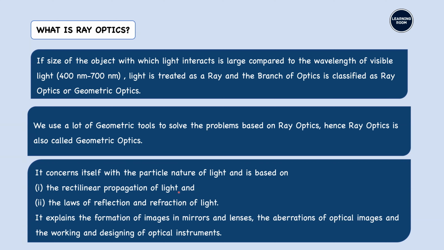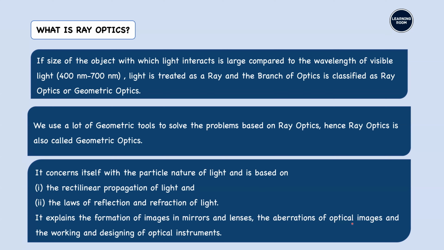And the main advantage of ray optics is it helps us understand the formation of images in different kinds of optical devices like mirrors and lenses. And you will be able to understand the aberrations of optical images. Aberrations means when all the rays do not meet at a specific point.